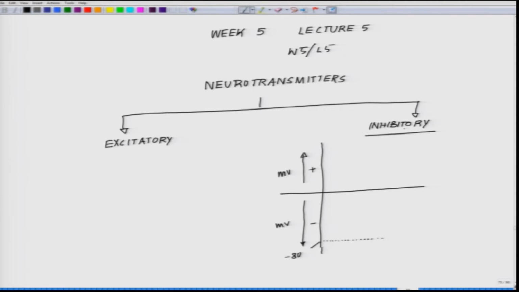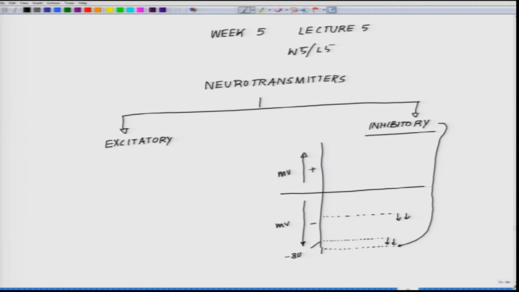By the action of an inhibitory neurotransmitter, it will shift further in the negative direction. It will make it say minus 85 or minus 90, wherever it may sit, and it will become further negative.